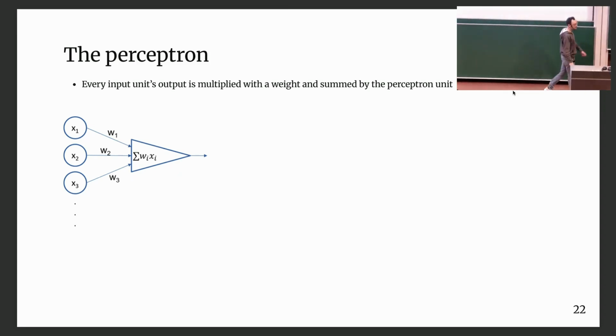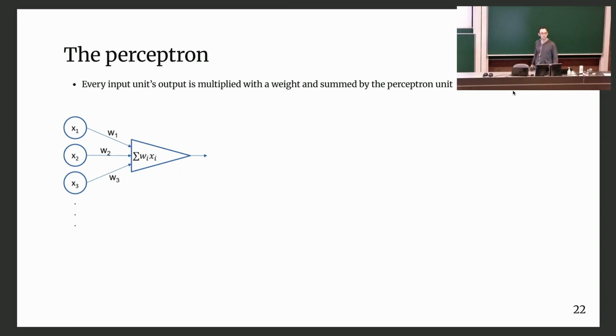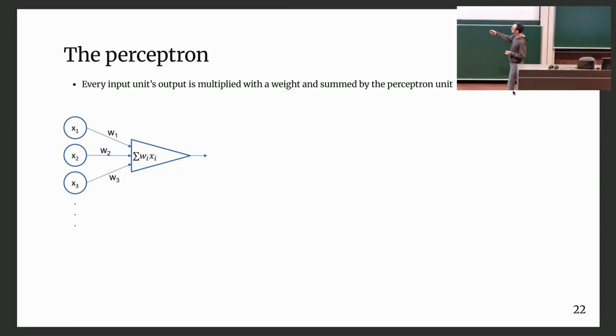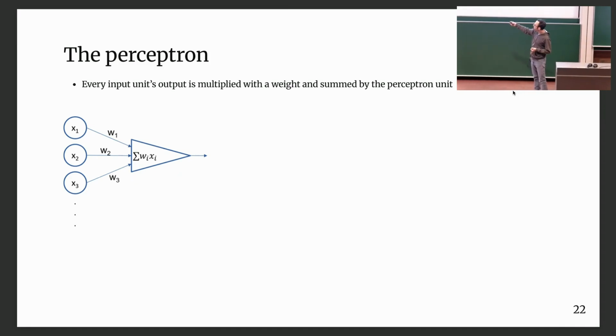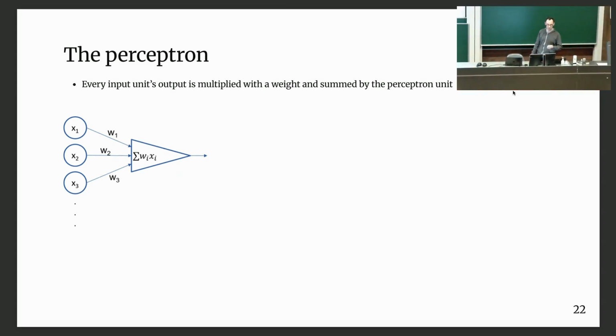What's the operation that a perceptron unit performs? Very simply, you take a sum of products. You sum every input that you receive, meaning the output, in this case, from one of these input neurons, multiplied with a W. And what's a W? Those are these learnable weights, these learnable parameters that this perceptron unit defines.